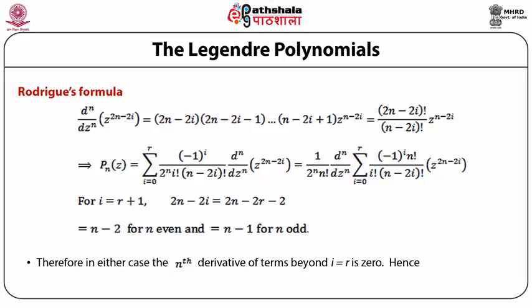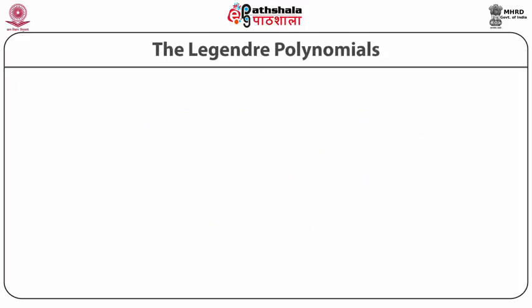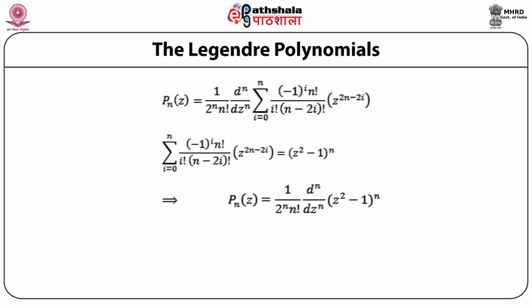Hence, we can extend the summation beyond r up to n and rewrite the above equation as Pn(z) equal to 1 by 2^n n!, multiplied by the nth order derivative with respect to z of summation over i going from 0 to n of (-1)^i n! z^(2n-2i) divided by i! (n-2i)!.